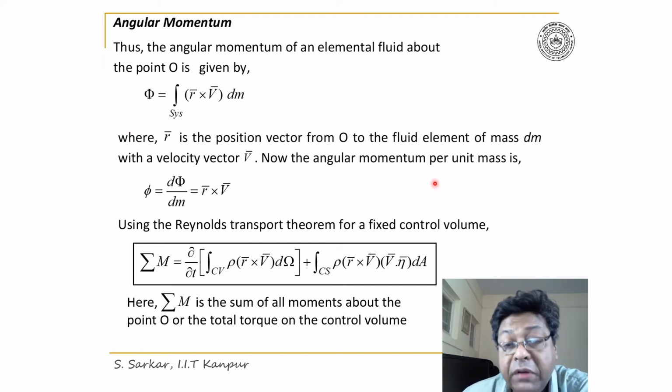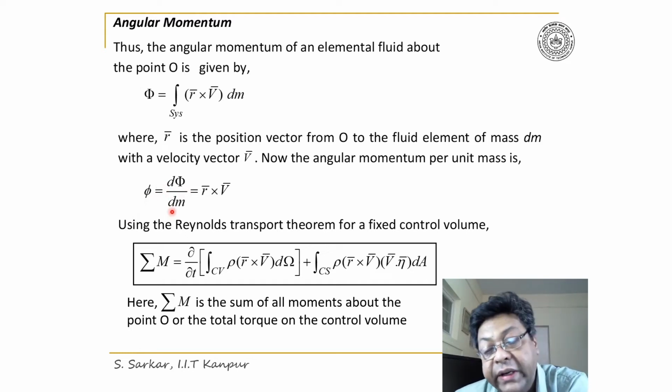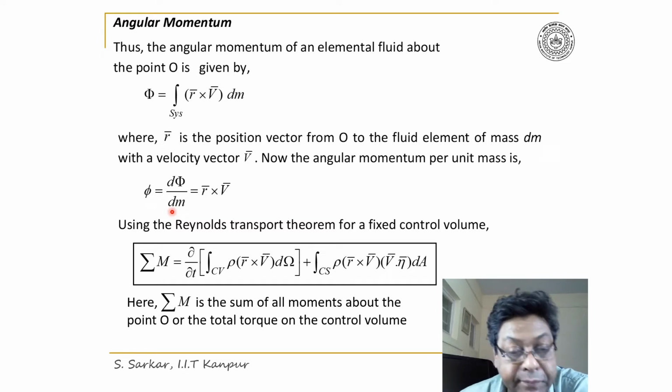So angular momentum per unit mass, which is the specific property, small phi, can be written as d capital phi by dm, that's equal to r cross v.